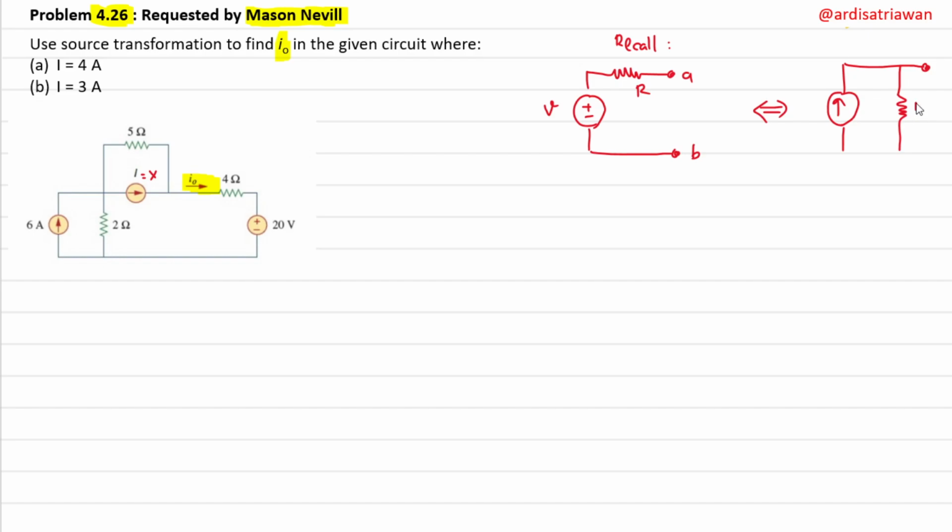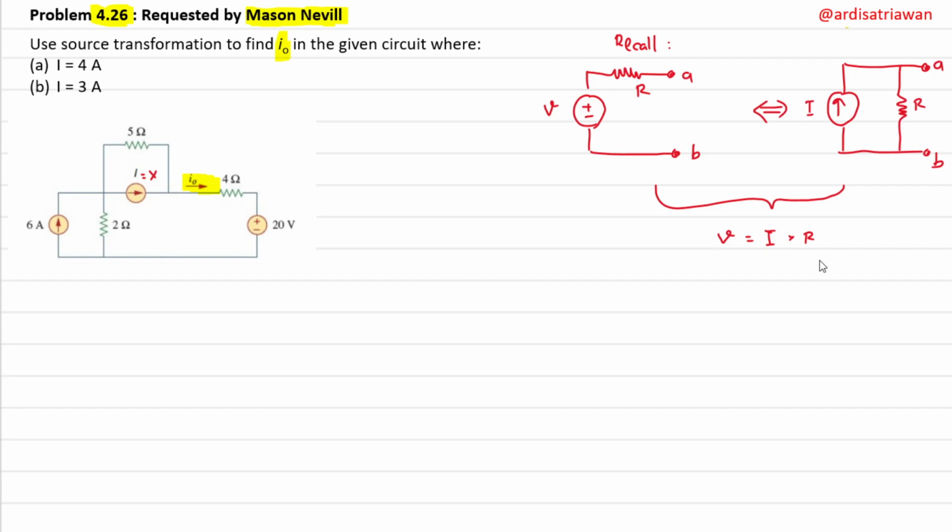So this is still R, and this node is also the same, A and B. The only difference is this is in parallel and this is a current source. And we can apply that the relationship between V and I is V is equal to I multiplied by R. It's exactly like Ohm's law.